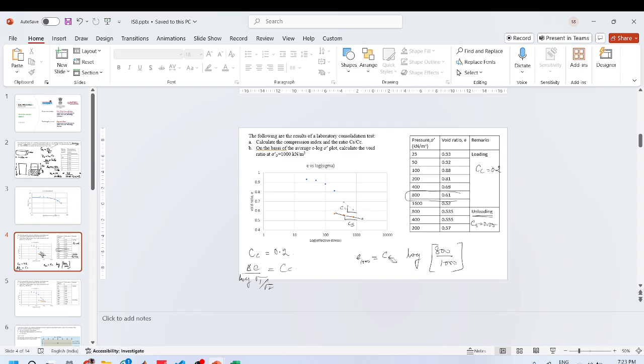This is 0.2. Calculate this. 0.2 log 10 of 1000 over 800. This will actually be the change in sigma.